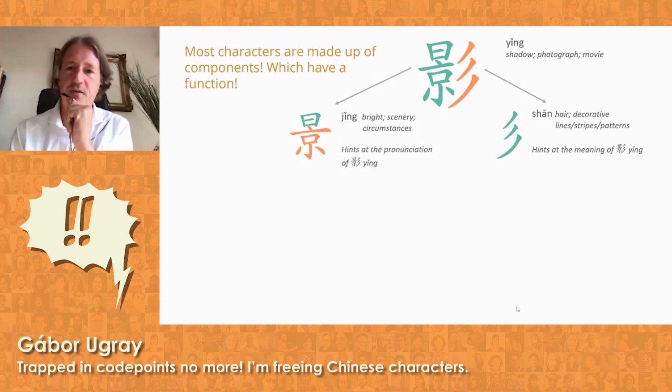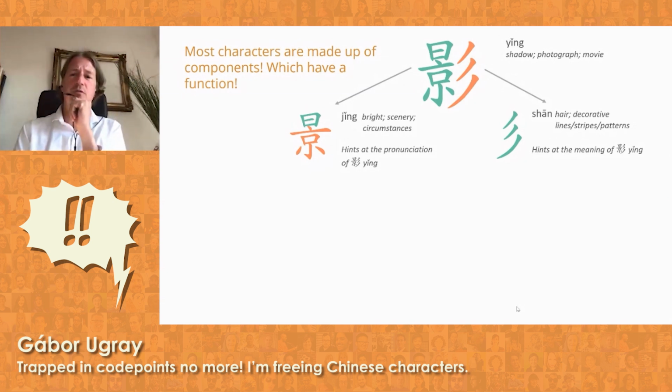The one on the right, the 3 lines, can mean a bunch of different things, hair or just stripes or a pattern. Here it is used to mean pattern, and it contributes meaning. So the way to interpret our shadow character is: something that has to do with patterns that sounds roughly like Ying. So that's how it makes up Ying, shadow.